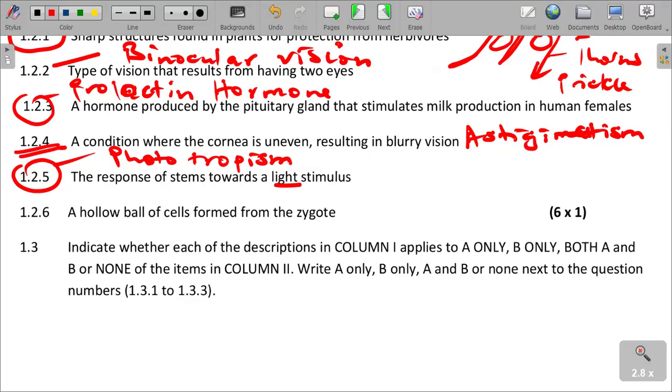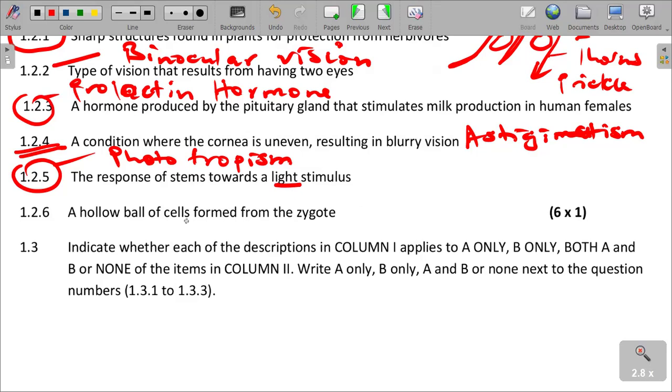So if we say negative phototropic, we need to know that it is the roots which grow downwards away from light. We say that they are negative phototropic, and then the stems also are negative geotropic because they move away from the force of gravity. So I want you to know that for types of tropism, we have got photo and geo. Geo is towards gravity, which is of the roots.